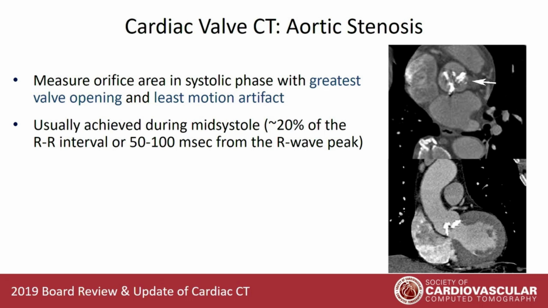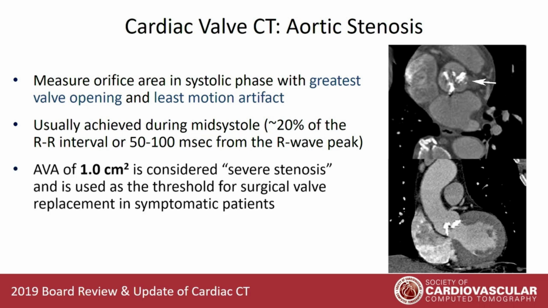So we normally do multiphasic examinations and we watch the heart pump and we watch the valve open. Most of the time, that point of maximum valve opening occurs in mid-late systole, around 20%, maybe 25% of the R interval, 50 to 100 or 150 milliseconds after the R wave peak. And I'll show you specific examples of how we actually do that. As you know, we borrowed from echo in this regard, aortic valve area.